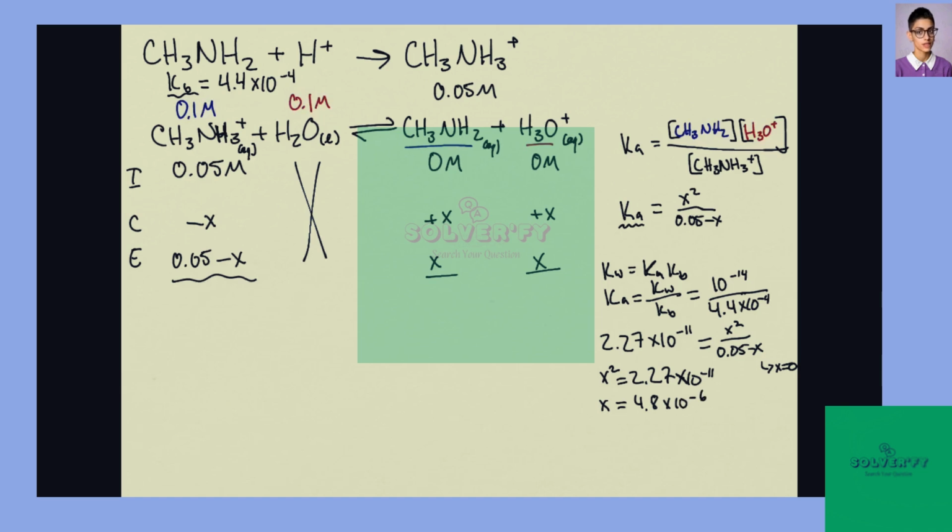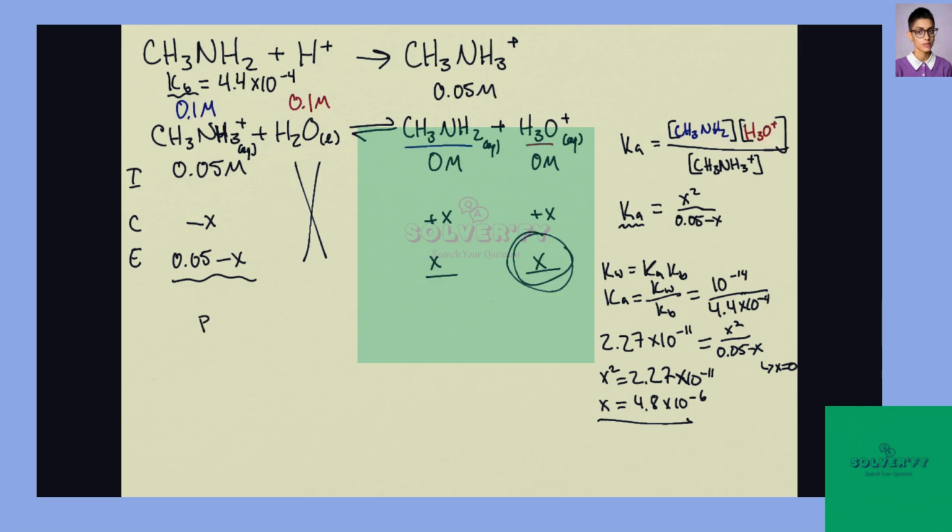Now to quickly check the assumption that we made earlier, if we have 0.05 and subtract 4.8 times 10 to the negative 6th, our answer is still going to be 0.05 to two significant figures. So we know that our assumption is valid. Now we have a value for x, which means we have a value for our concentration of hydronium ions at the equivalence point of our titration.